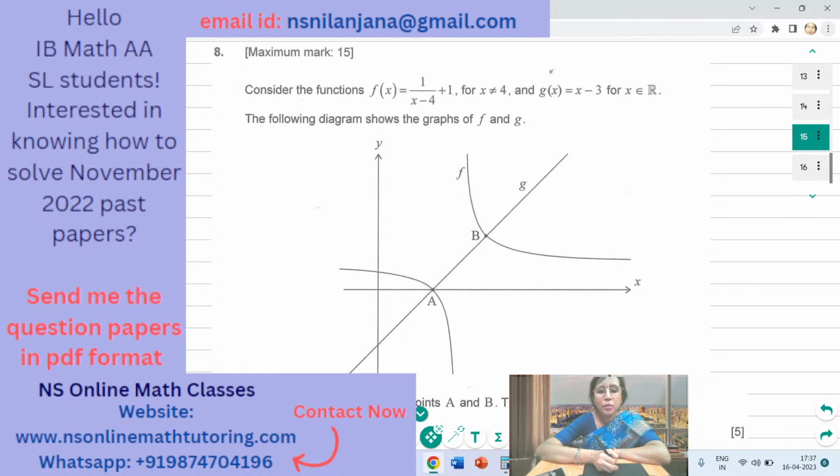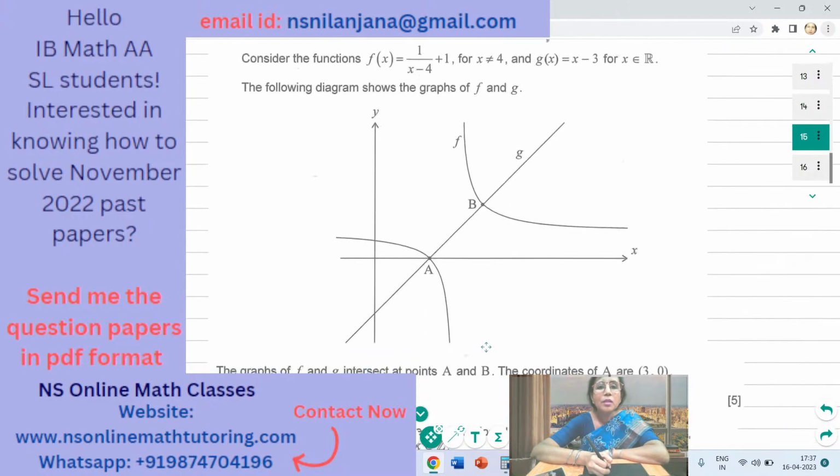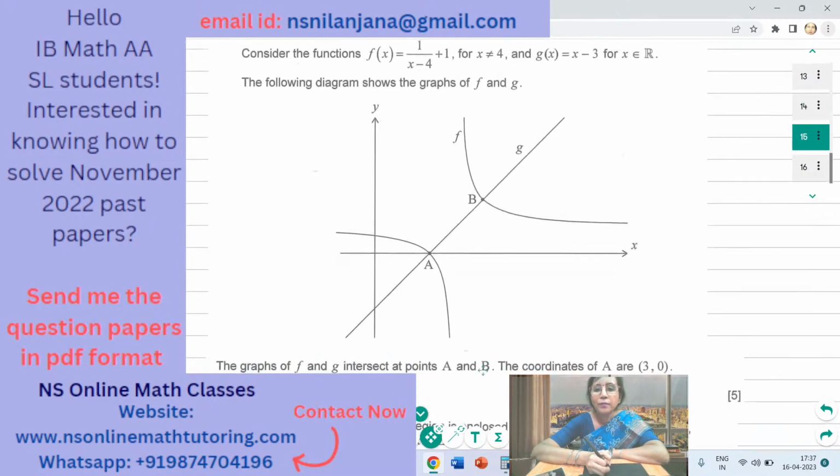So now coming to question number 8. It is saying that it contains 15 marks first of all, and it is also having a graph. Maybe you are not being able to see the complete graph. I'll be showing you. Consider the functions, multiple functions. f of x equal to 1 over x minus 4 plus 1. x is not equal to 4, obviously.